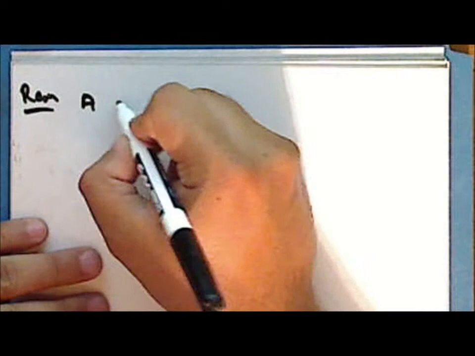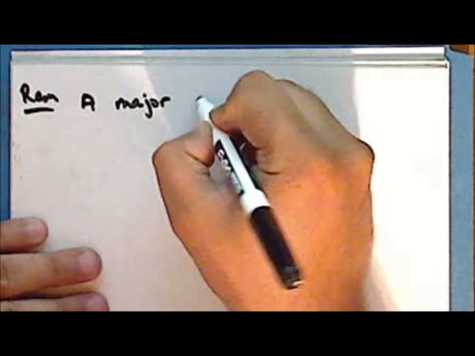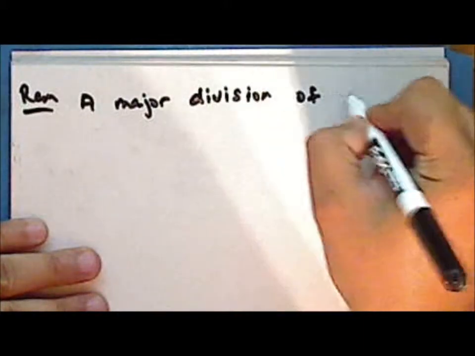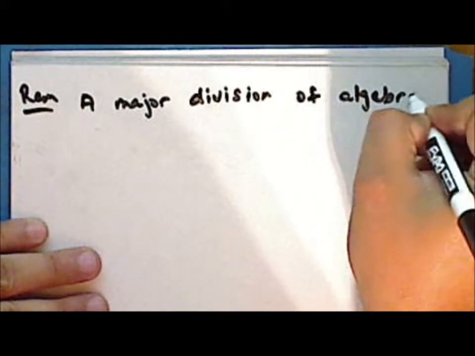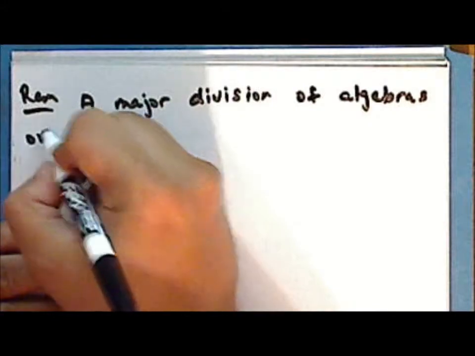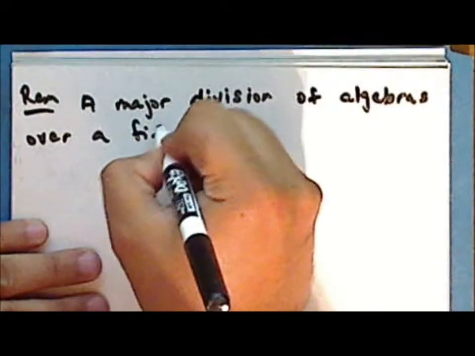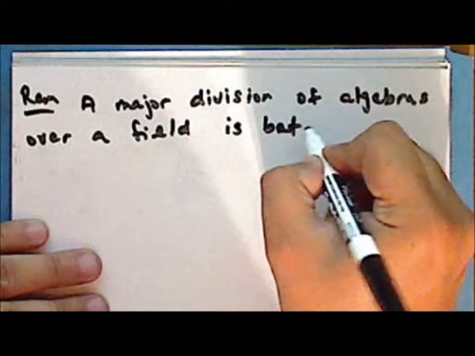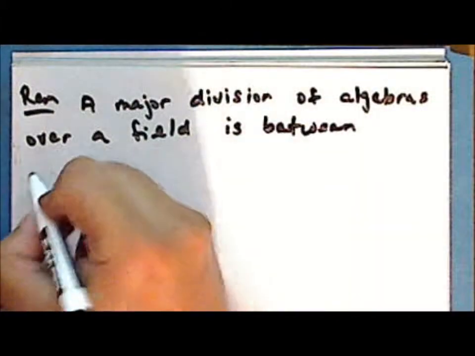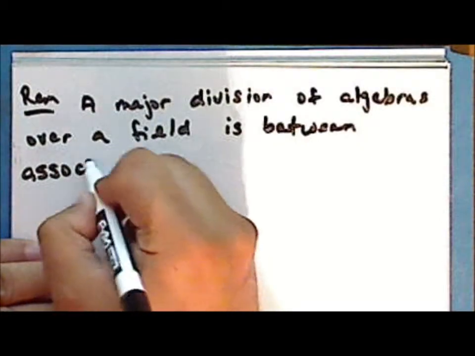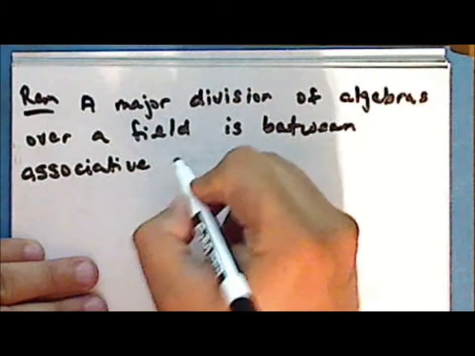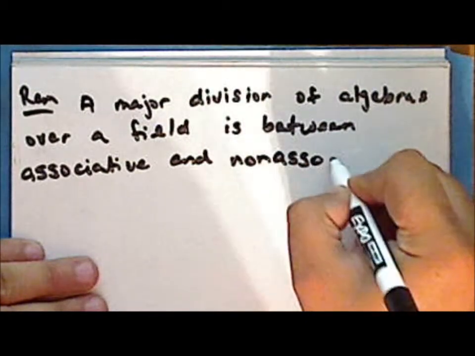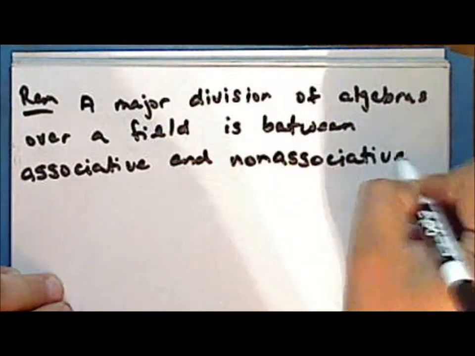Now, a major division of algebras over a field is between associative and non-associative algebras.